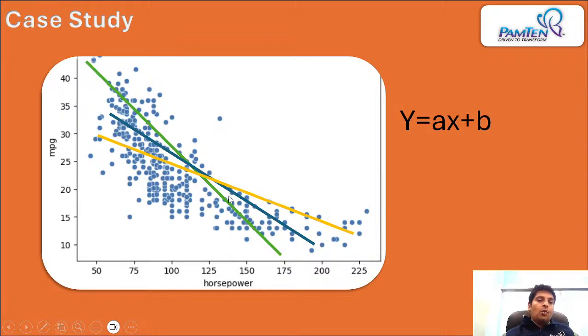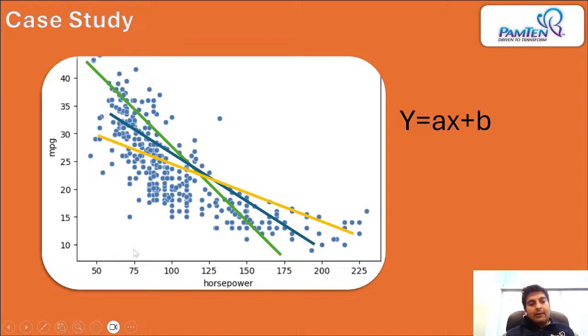So how do you know which is the best fit out of all of these? This is where you find out the residuals. Let's take this particular data point over here. The horsepower is 75 and the actual MPG, or mileage, is 15.